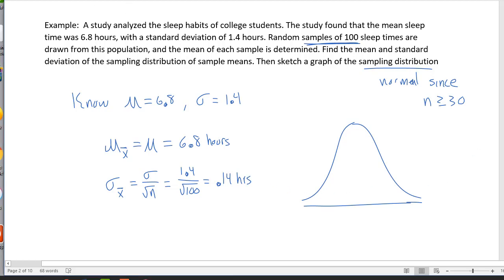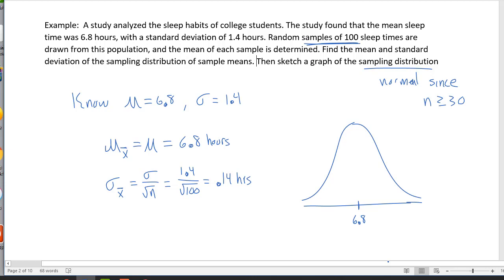Okay, so if I draw this graph, I sketch a rough normal curve. Here's my mean, which is going to be 6.8. And then I know that the standard deviation of the sampling distribution of sample means, man, that is a mouthful, is 0.14.